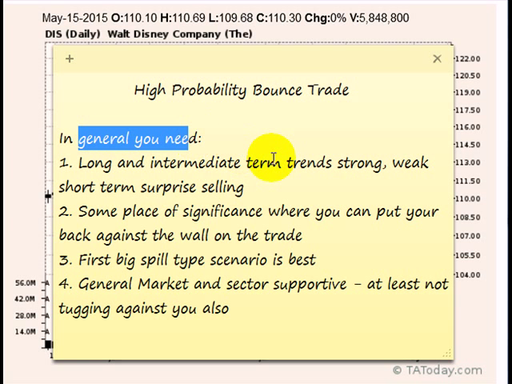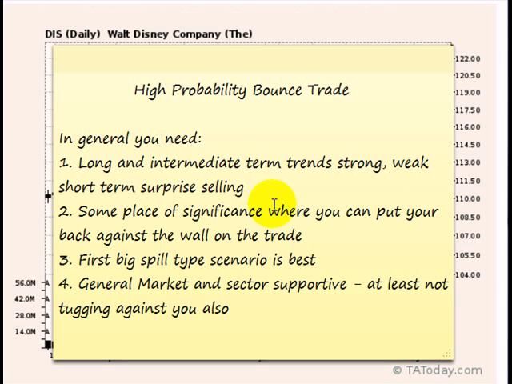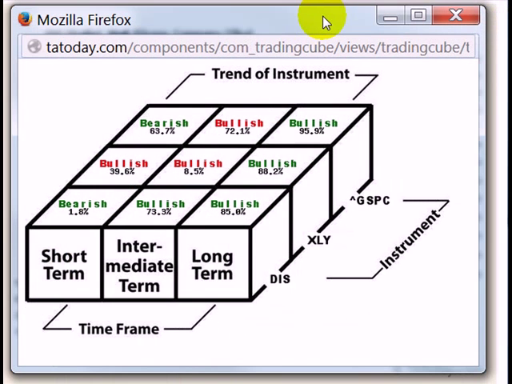In general, four things come to my mind when I look at a setup like this. The first thing is, do the long and intermediate term trends support the stock, and is there a first weak spot here in the short term? These are a little bit extended, but everything right now is a little bit extended, so it's not ideal. You would really like this to be less, but you've got bearish here.